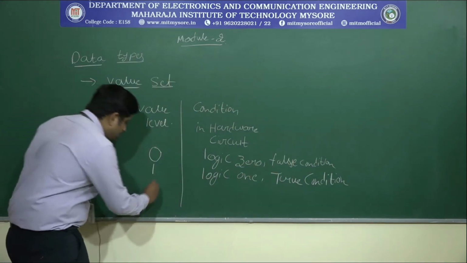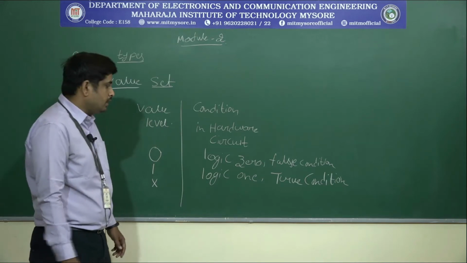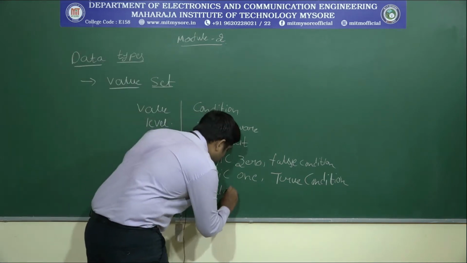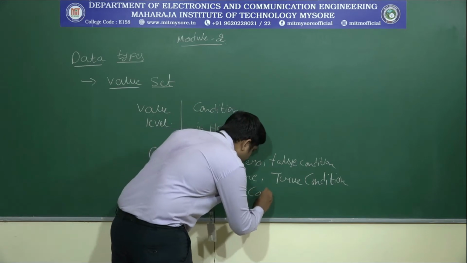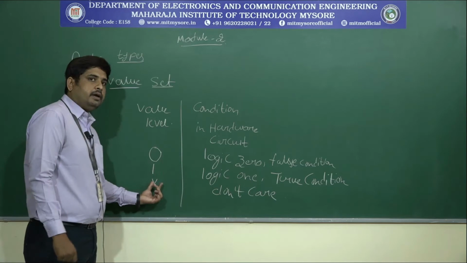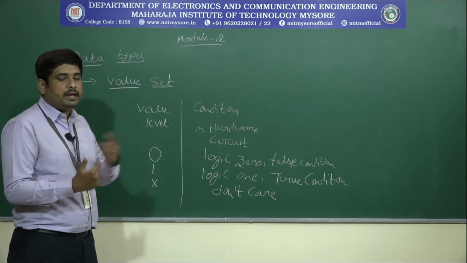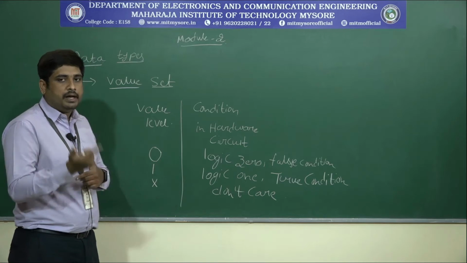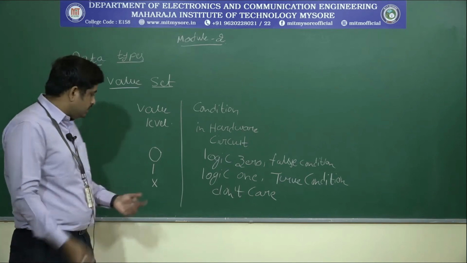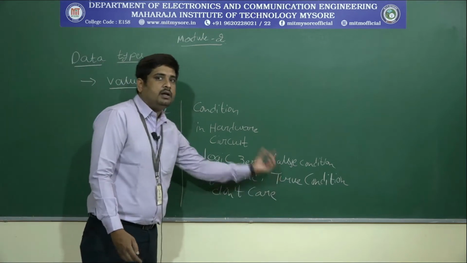Next one is x, small x, which we call don't care. Don't care is very important because we are not applying any value to any register or any input or any output, and at that time it takes a don't care. So don't care means either 0 or 1.